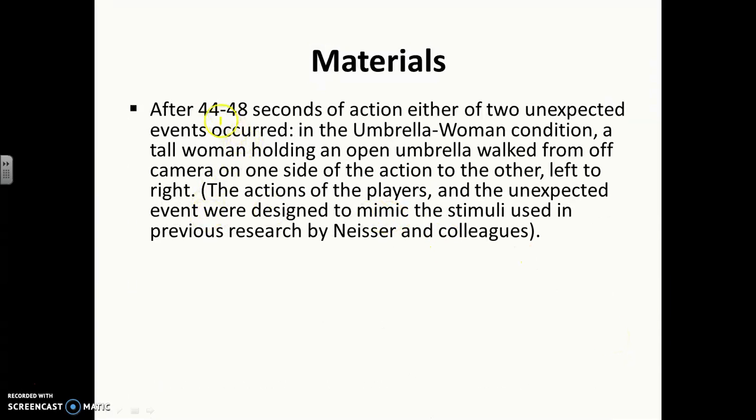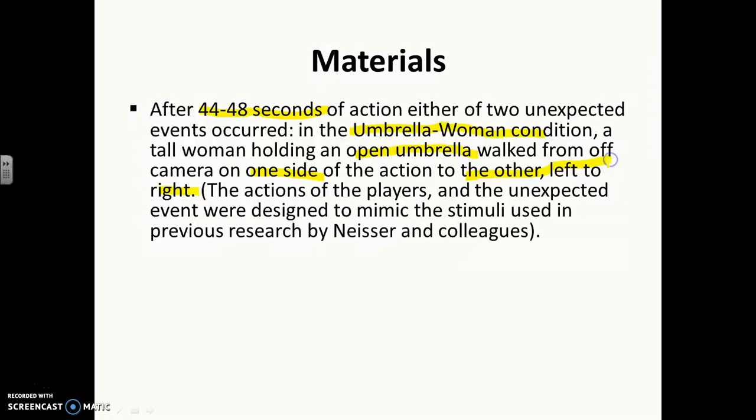After 44 to 48 seconds of action, which is a lot longer than the clip that is on YouTube, one of two unexpected events occurred. In the umbrella woman condition, a tall woman holding an open umbrella walked from off camera from one side to the other, from left to right.